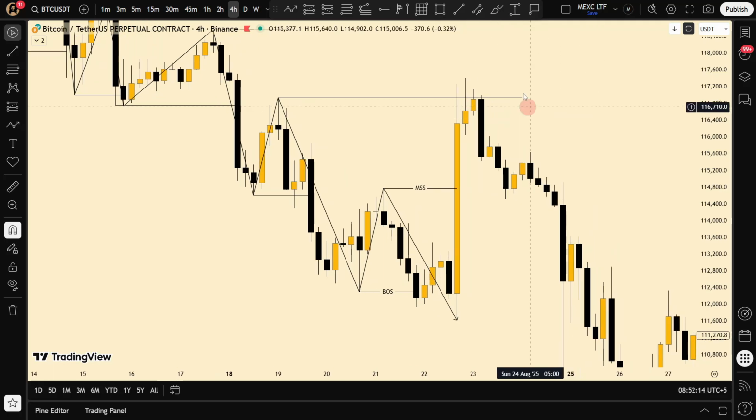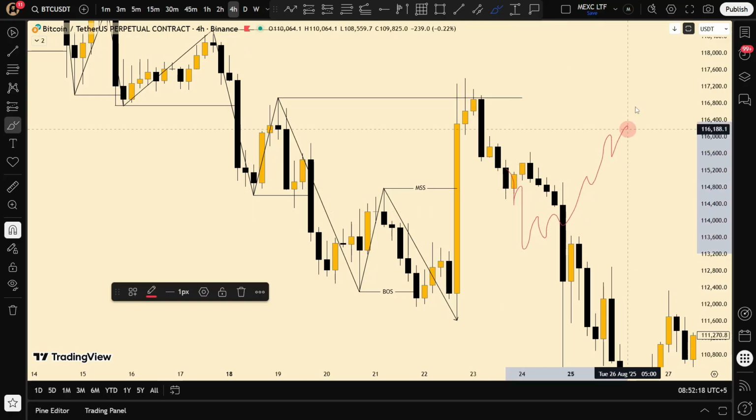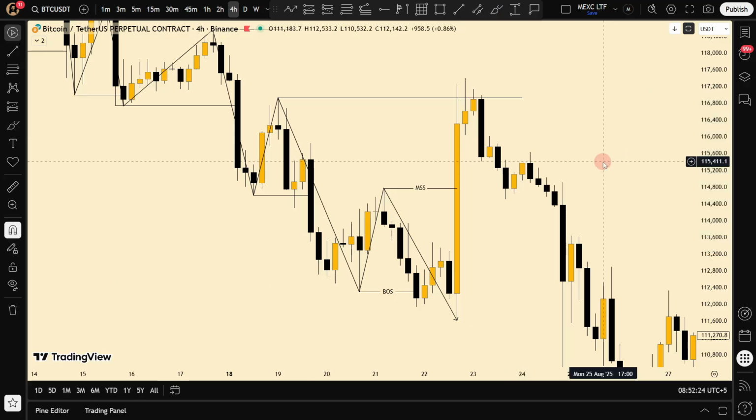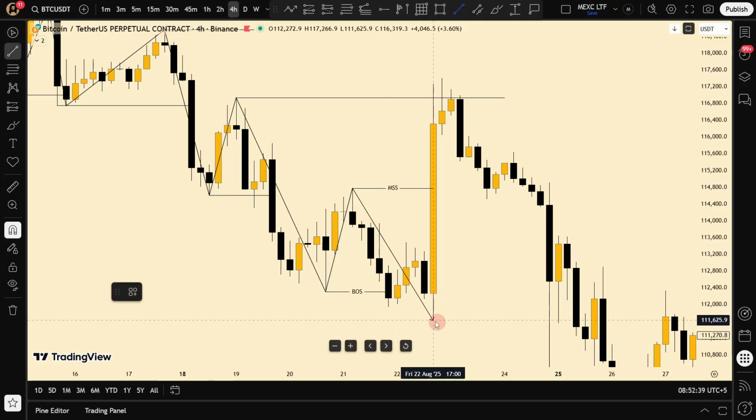Now, ideally, what should have happened is that we should retrace and then go back higher. But this is the market. It's not like it will do everything like you have learned. There are other things that you guys need to learn, and why this low, this protected low, which had become a protected low, didn't hold.